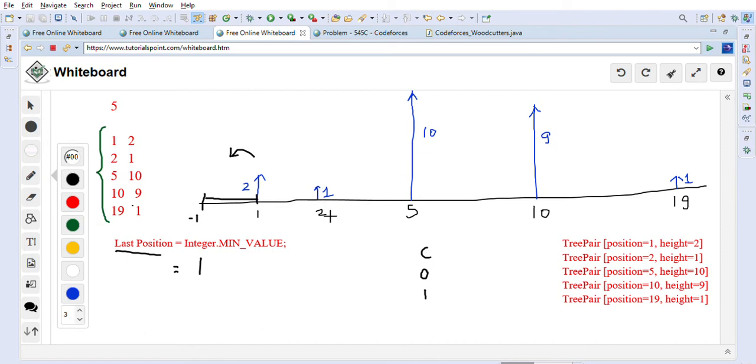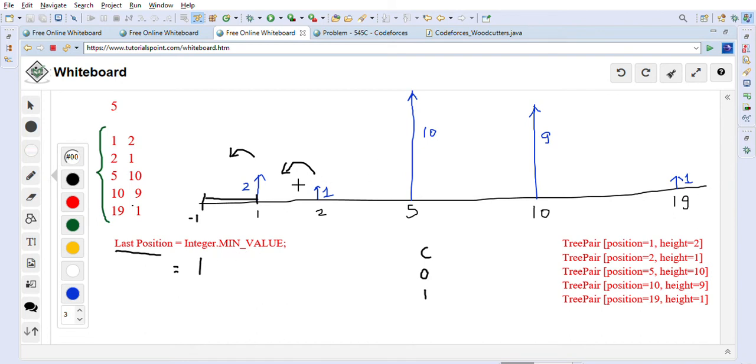Now we are at this second one. Again we will try to check if we can fall this tree on the left side. How will we check it? We check 2 minus 1, since the height is 1, so 2 minus 1 is 1. Is last position less than 1? No, last position is not less than 1.